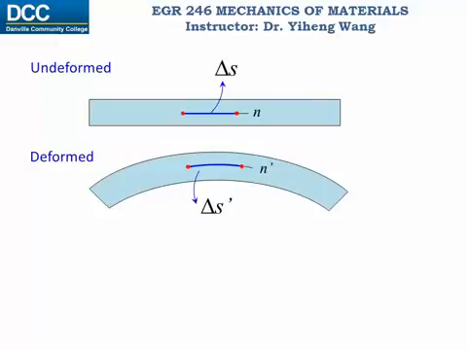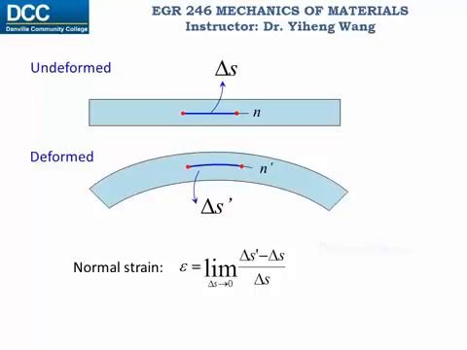When the original length delta S approaches 0, the 2 points approach the same point, and the normal strain at this point, defined specifically for the orientation along the axis n, is epsilon equals the new length delta S prime minus the original length delta S, and then divided by the original length delta S. Since the numerator and the denominator both have units of length, the normal strain is dimensionless, or it can have the unit of length over length, which essentially is still dimensionless.